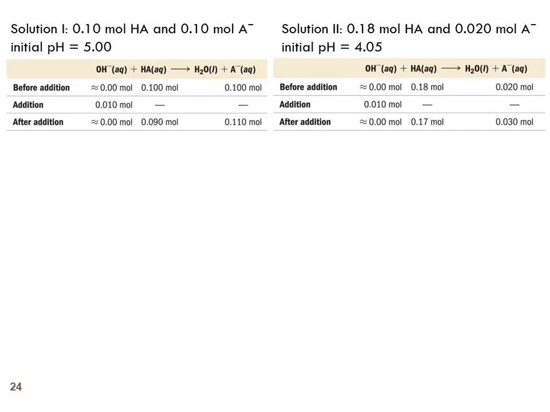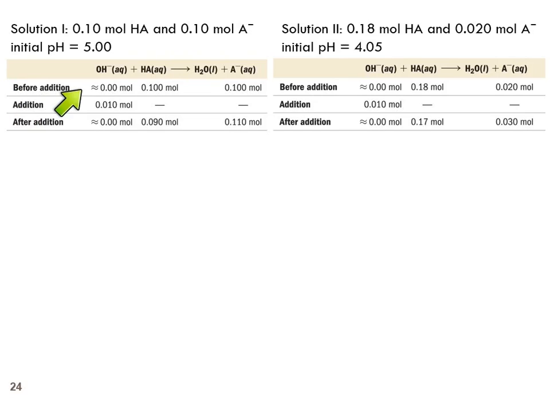So let's look at what happens here. Remember what we're doing. When we're looking at how the pH changes when you add something, an acid or a base, to a buffer, you do two different calculations. One is the stoichiometry, and the other is the equilibrium calculation.